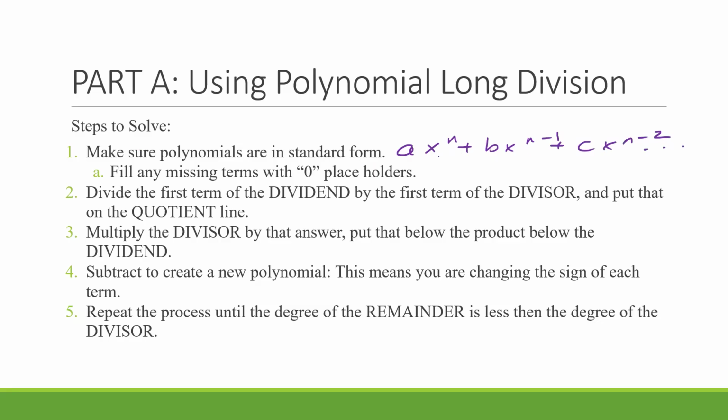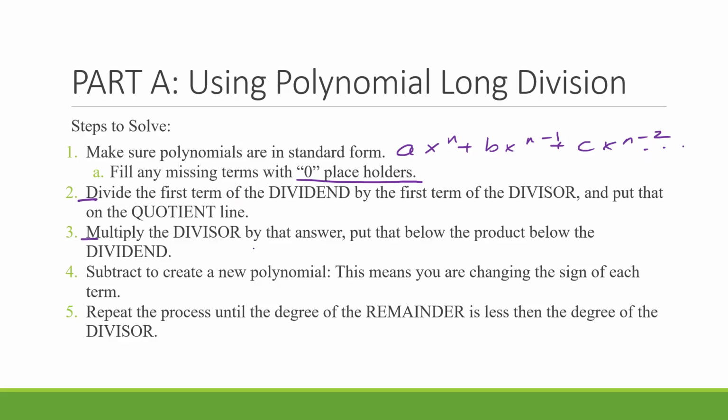That means every term has to be present. If I am missing any of these variable terms, I put a 0 in its place. Then we're going to divide. We start with the D. We divide the first term of the dividend by the first term of the divisor, and that result goes on the quotient line.